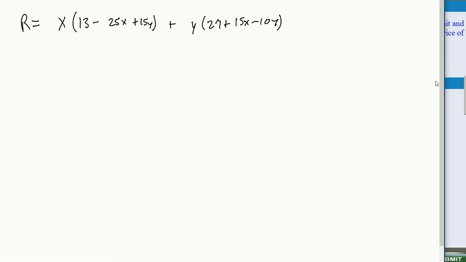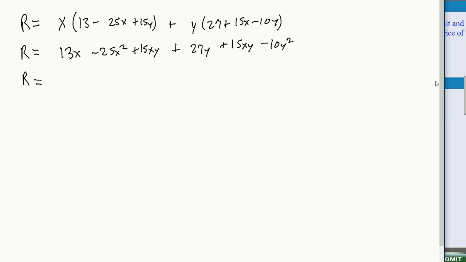Let's go ahead and multiply out. So that'll be 13x minus 25x squared plus 15xy. Over here you're going to have 27y plus 15xy minus 10y squared. Let's go ahead and combine like terms.